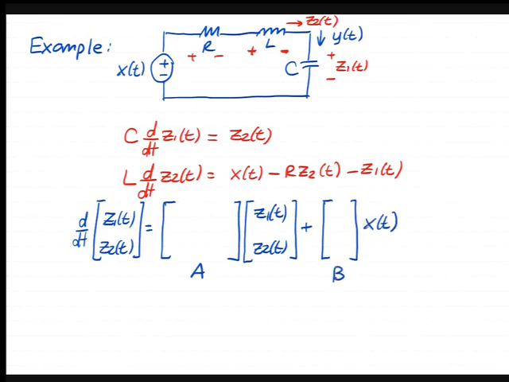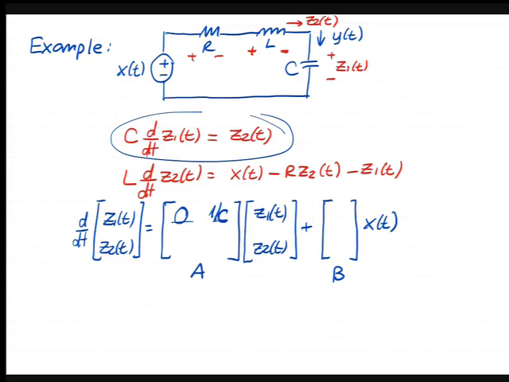All right, let's fill them in. So the first row will come from the z1 dot equation. And this tells us z1 dot is 1 over C times z2, right? No z1 in there, so the first entry here is 0. And here we get 1 over C. You all agree with this?